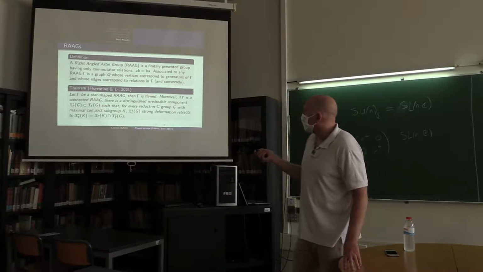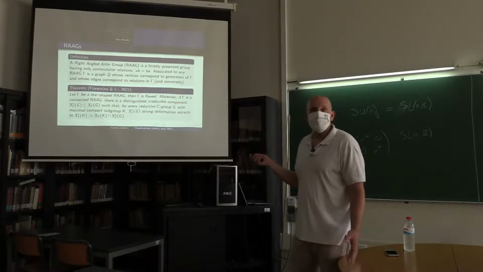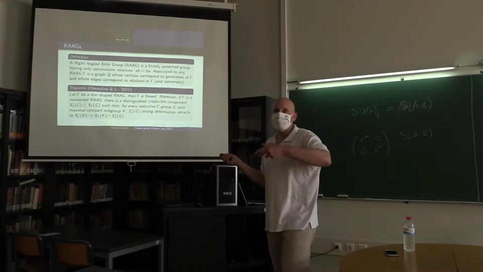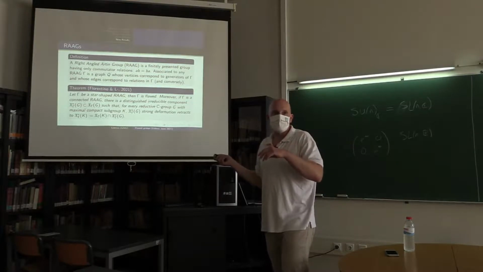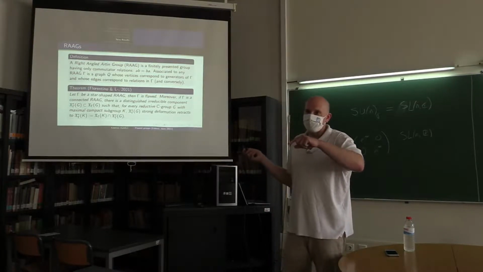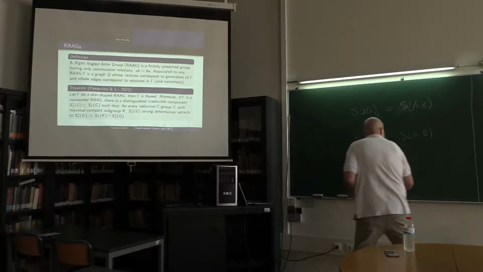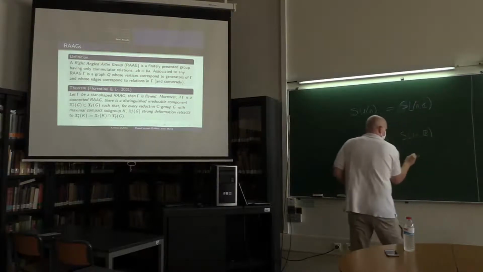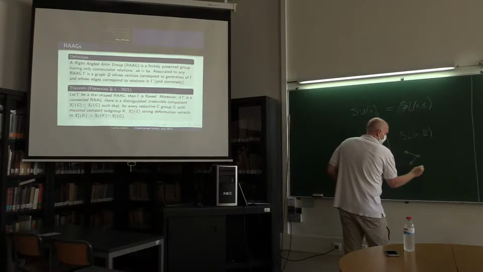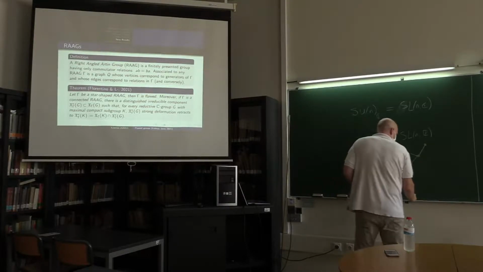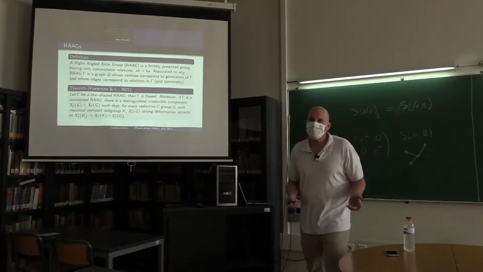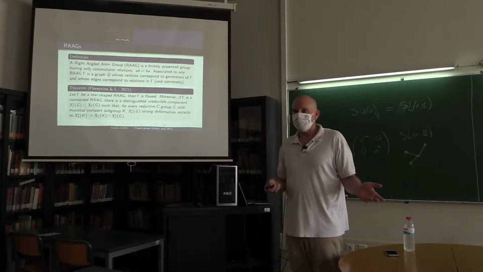So one of our other theorems says that if you have a right-angled Artin group that's star-shaped, the graph is like an asterisk. It's the simplest example, really, of a tree, a contractible graph.